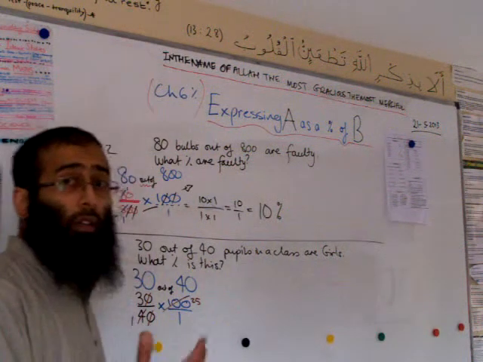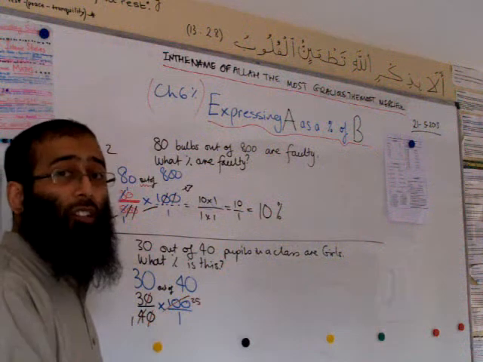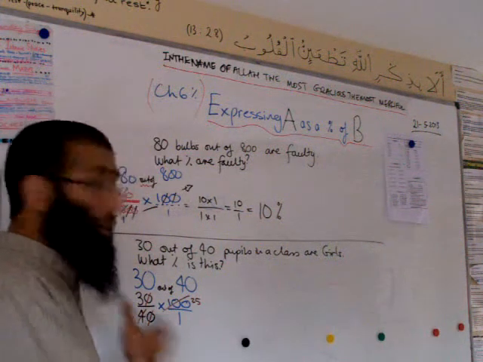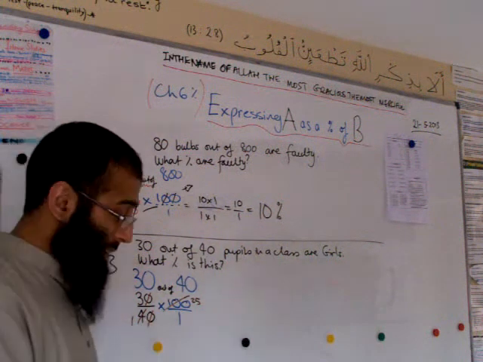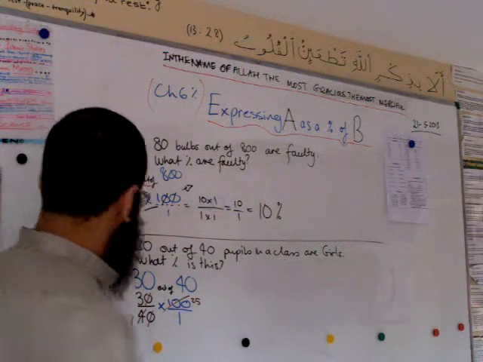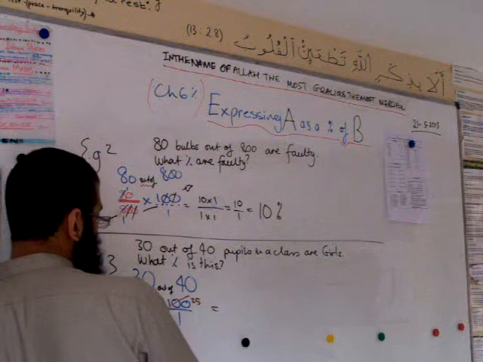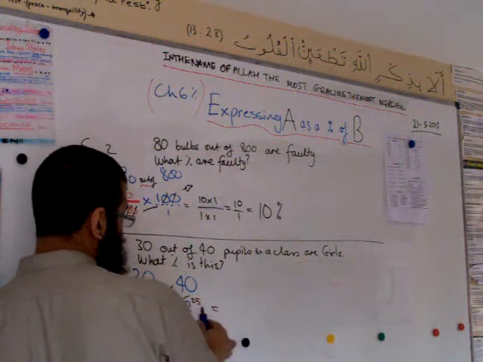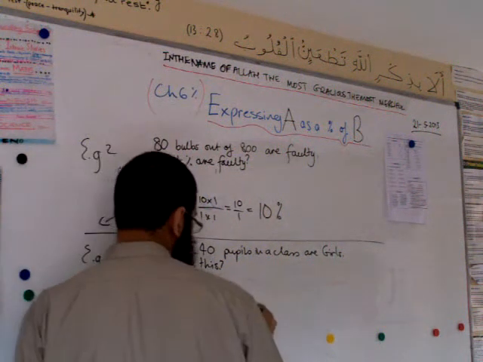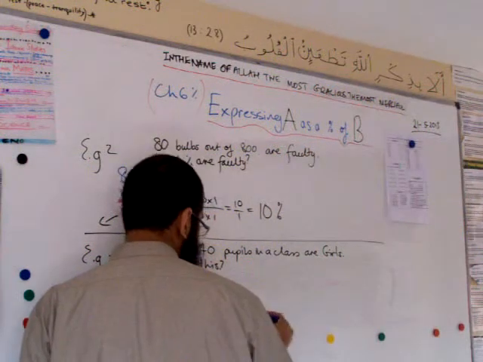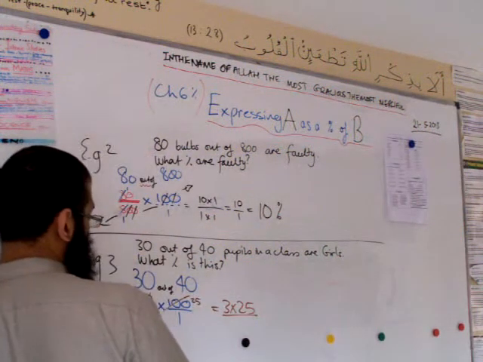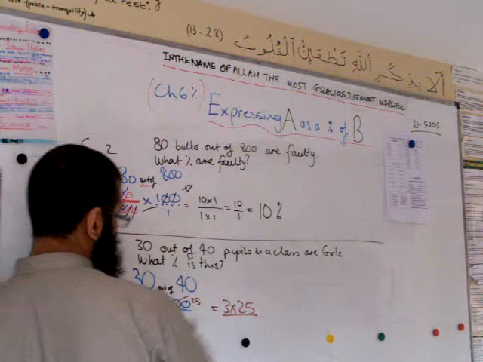Now the next part of this style of multiplying fraction question is we need to multiply out now the top numbers and multiply out the bottom numbers. So, now what we have left over here, the 30 has now become a 3 and the 100 has now become a 25. Okay, the 40 has now become a 1.